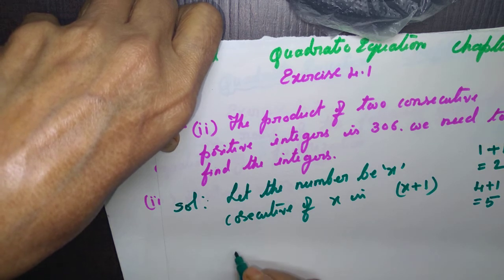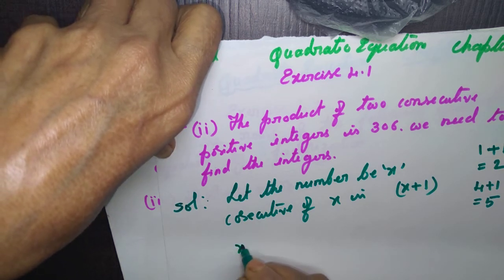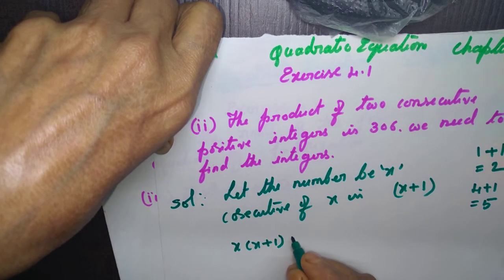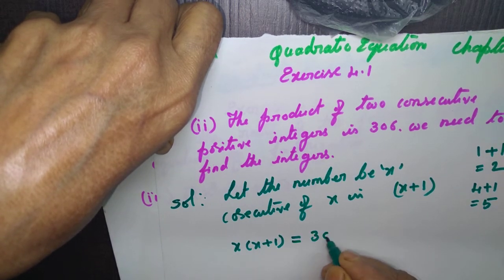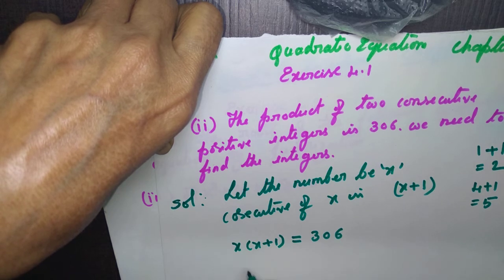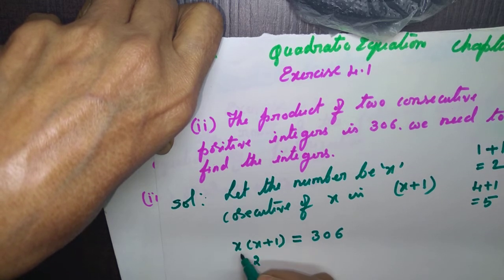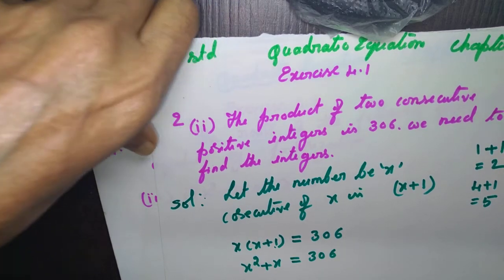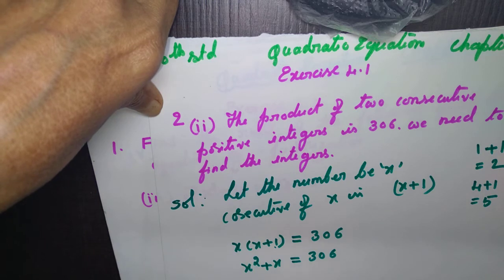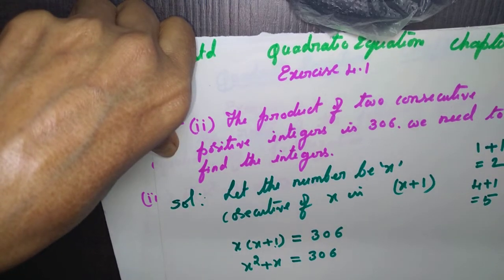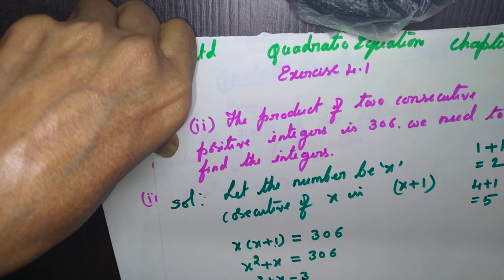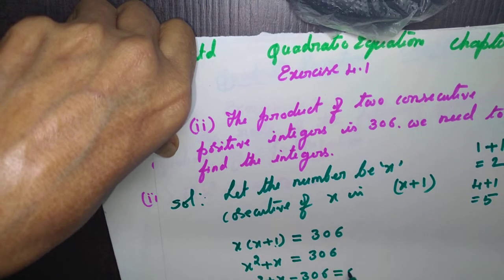The product of these two numbers is x into x plus 1, that is equal to what they gave here, 306. x into x is x square. x into 1 is plus x. That is equal to 306. Transfer that 306 to that side, it will become negative. x square plus x minus 306 is equal to 0.